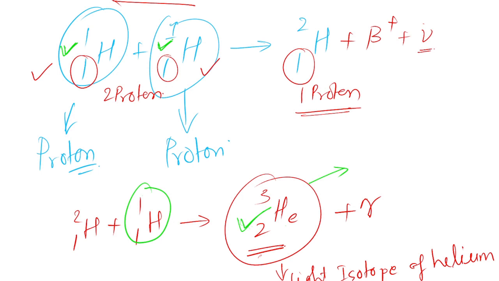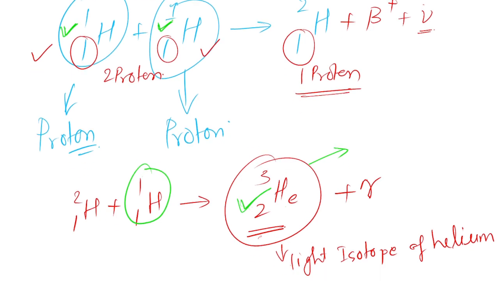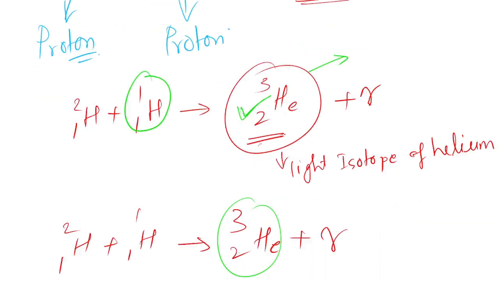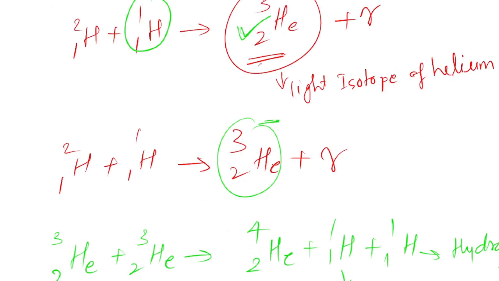Now 3 hydrogens took part again to form another helium isotope, and these two helium isotopes took part to form another stable helium isotope, which is 2He4.